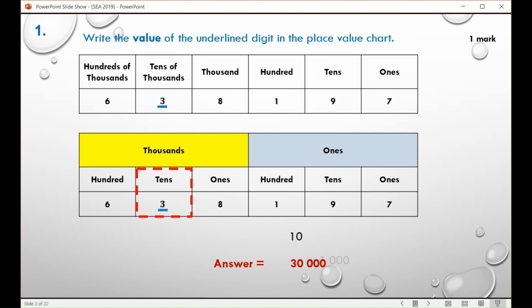It will be 10,000 because it falls within that period. And now that we know the place value, let's include the idea of the number 3. So it will be 3 sets of ten thousands. So the value of the 3 will be 3 times 10, which is 30,000.